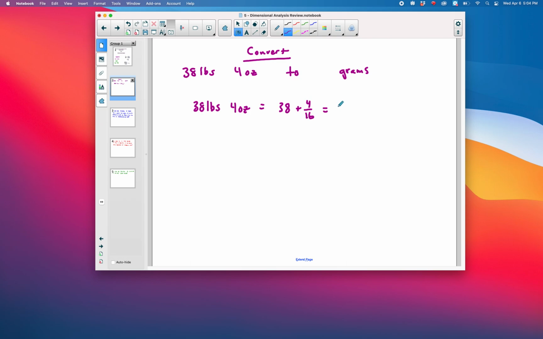So we will end up with 38.25, or 38 plus 0.25, if you want to show that extra step, which is 38.25. So if someone weighs 38 pounds 4 ounces, they weigh 38.25 pounds. So we have this as a single unit.